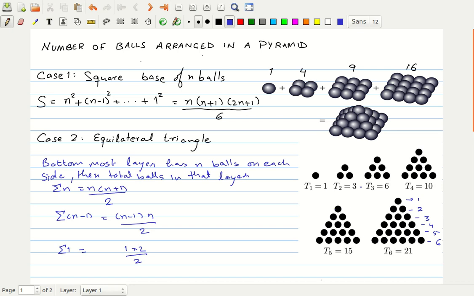We have to add 1 plus 3 plus 6 plus 10 plus 15 plus 21. That is, we have to add this all the way up to this, right? Which is nothing but, we can say that this is simply half times sigma n times n plus 1, and we already know how to solve this.